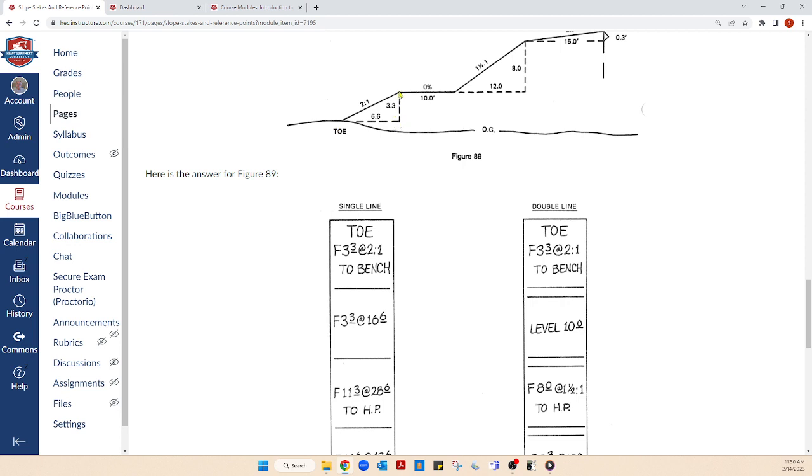Well, here's 3.3 right here, and here's 8. What is that? 11.3. So at 28.6 puts us here, and that 3.3 and 8 is our 11.3. So that puts us right here with the single line stake.